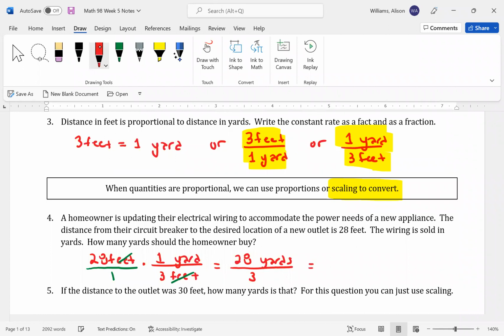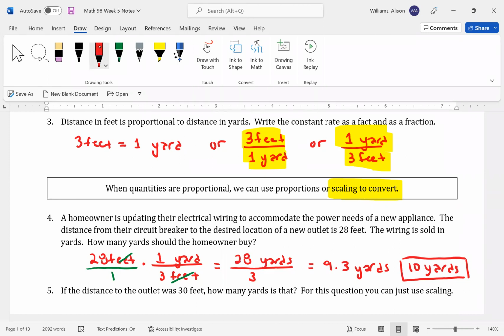I'm getting 9.3 repeating, which I'll just round to 9.3 yards. So in order to have enough wiring, I'm going to need to round up and buy 10 yards. I suppose I could do 9.5, that would be relatively safe. But it's always better to have a little extra in case there's some sort of issue. So 10 yards would be safe.